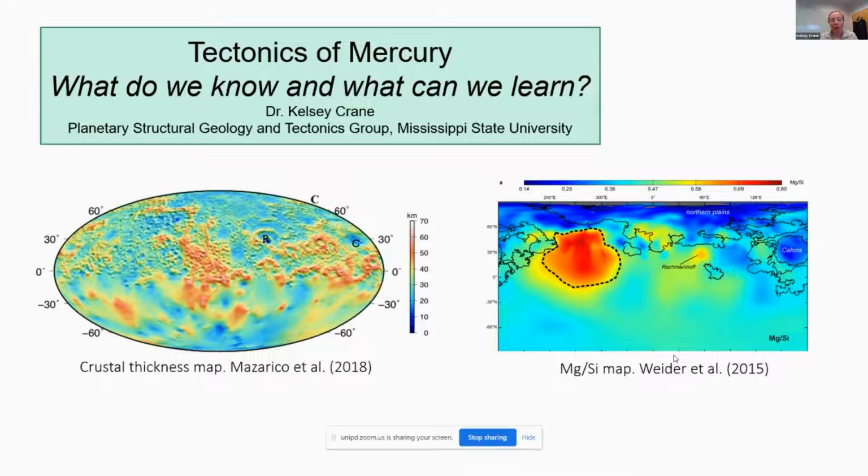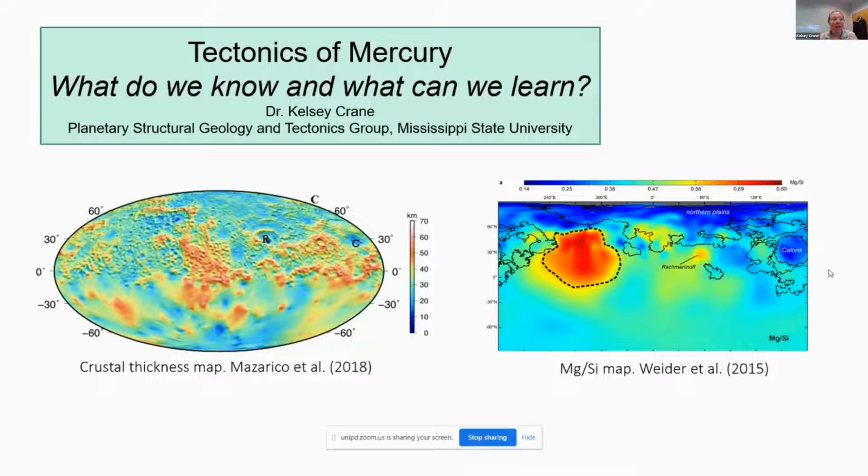I apologize about the red-blue color scale on these maps. On the right, the redder colors indicate higher amounts of magnesium, so more primitive crust, and the cooler colors indicate lower magnesium or less developed crust. R is Rachmaninoff, corresponding to this area over here, and C is Caloris, corresponding to the basin over here.